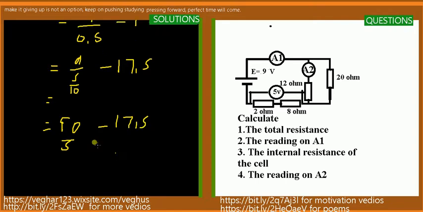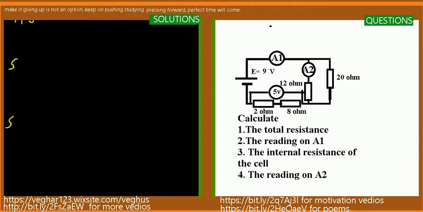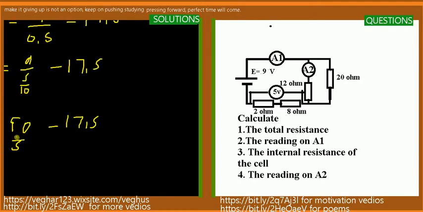How many times does 5 go into 90? In 50 there are 10, and in 40 there are 8. So 10 plus 8 is 18.